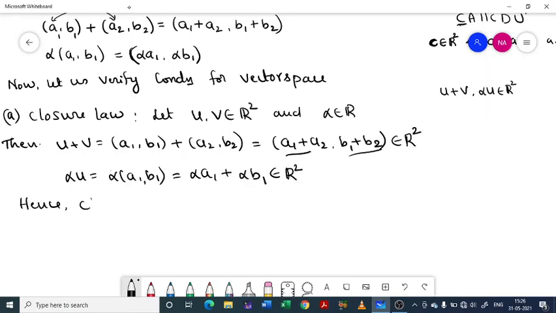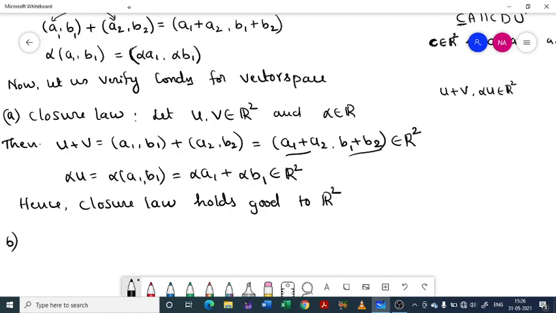Hence closure law holds good. So holds true, you can write, or holds good in R square, or closure law is satisfied, or verifying closure law you can write. Next B.